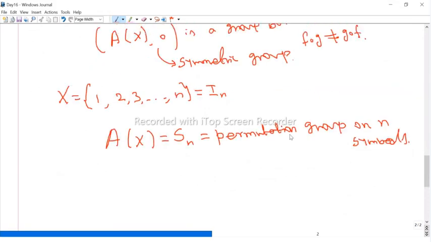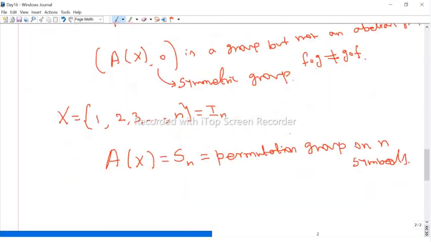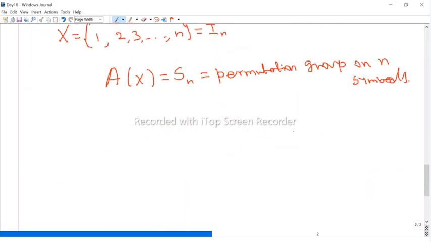Now how many functions can we define from an n-element set to an n-element set? Maybe I can say directly, the order, or the cardinality, of A of X, where X is a finite set, is n factorial.